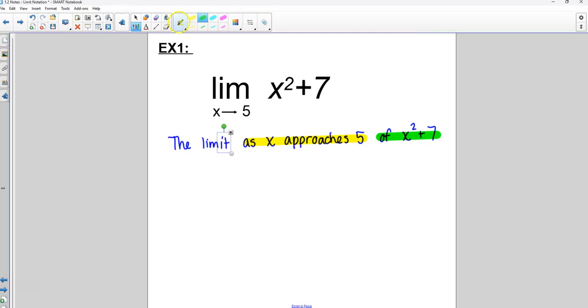I'm only going to write this down one time because it takes too long to do it over and over again. But you could also say the limit of x squared plus 7 as x approaches 5.